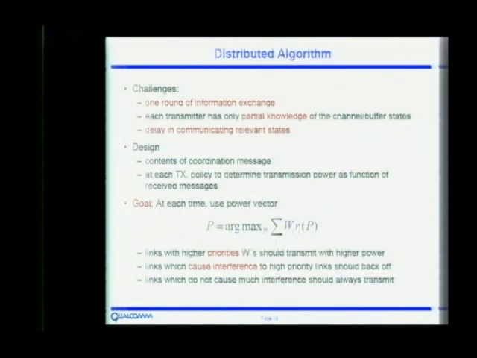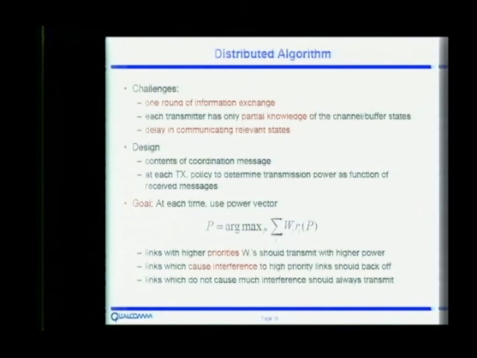So essentially what you want to do is design an algorithm which works in this framework, where you exchange the right kind of information which is useful. Now we want to come up with a heuristic which mimics trying to maximize this function. And the challenge is that we just have one round of information exchange. So you can't iterate and send information and get back information, because it's expensive and takes time.